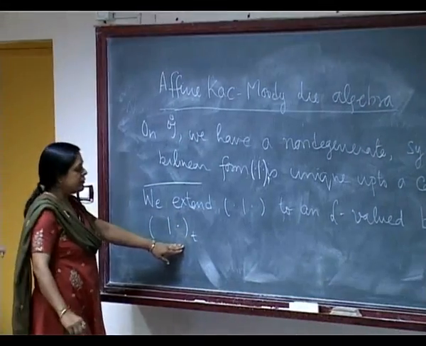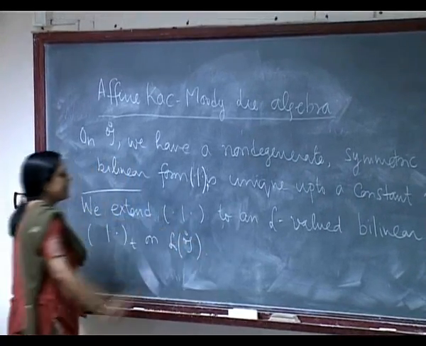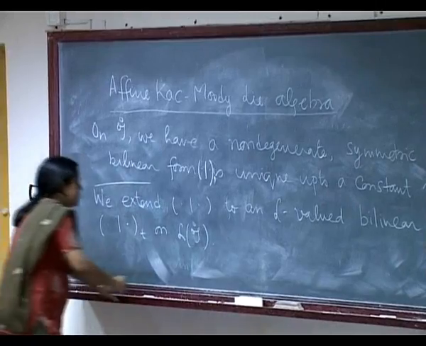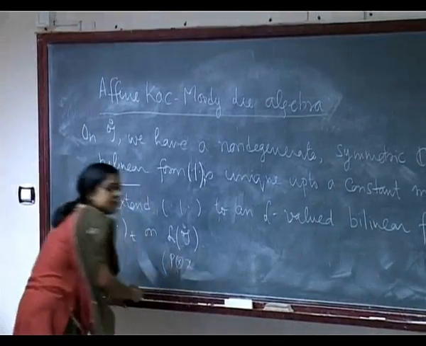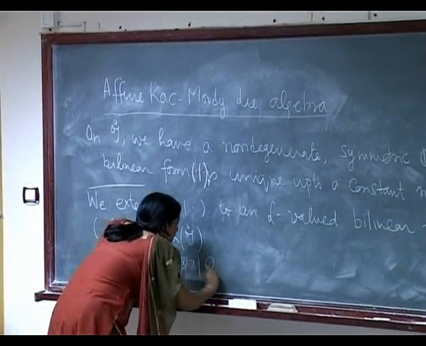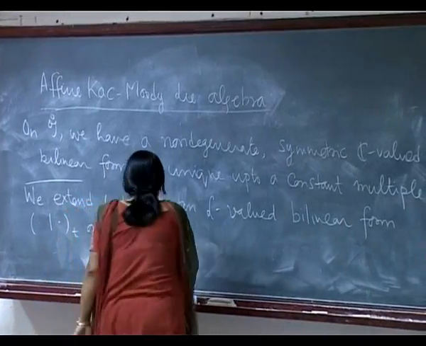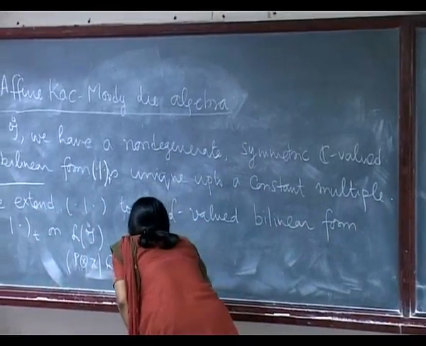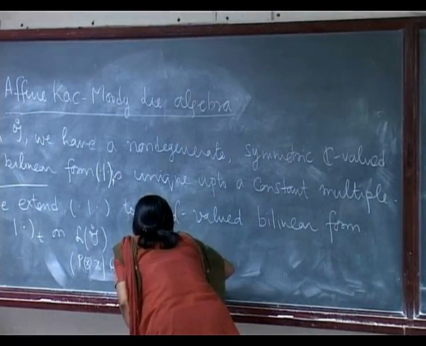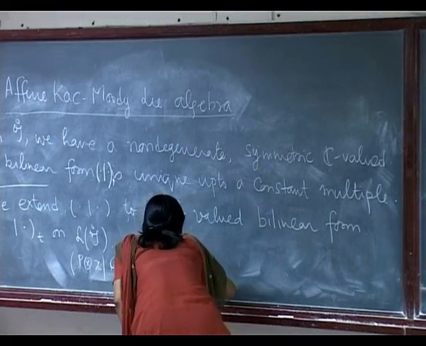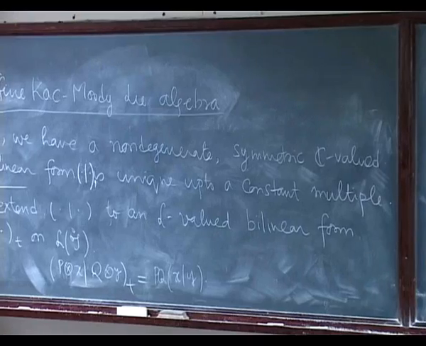This is the bilinear form on L G naught. And what is this form? So this is, if I take two elements P tensor X, Q tensor Y, then this bilinear form is PQ times XY. Okay.